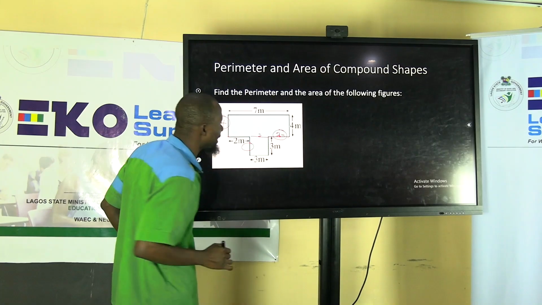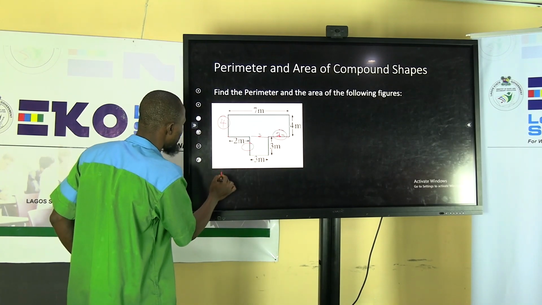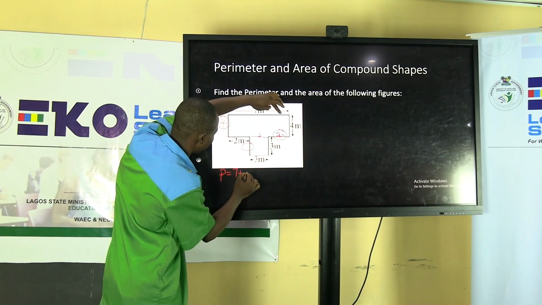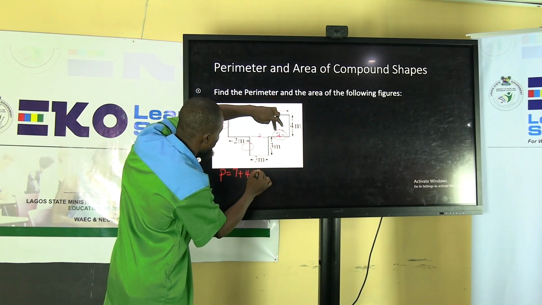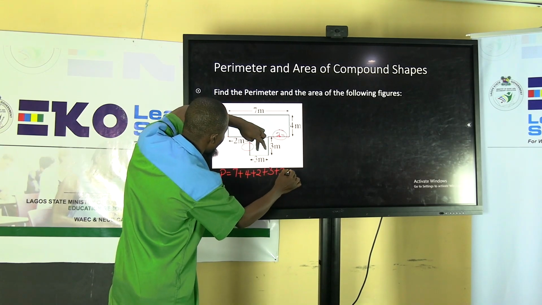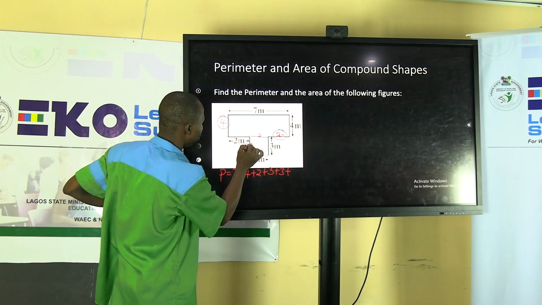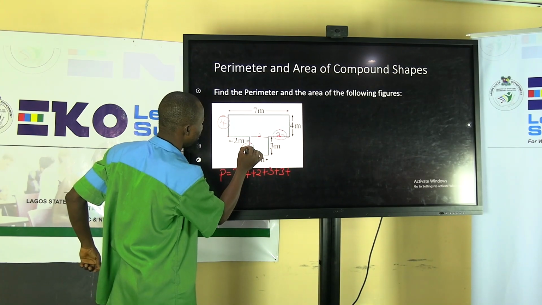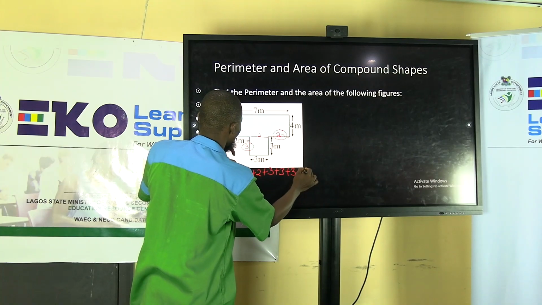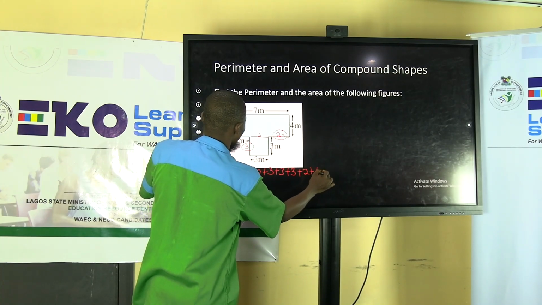So can we quickly add them together? The perimeter will therefore be 7 plus 4 plus 2 plus 3 plus 3 plus, this is also what? This is 3, plus 2 plus 4.